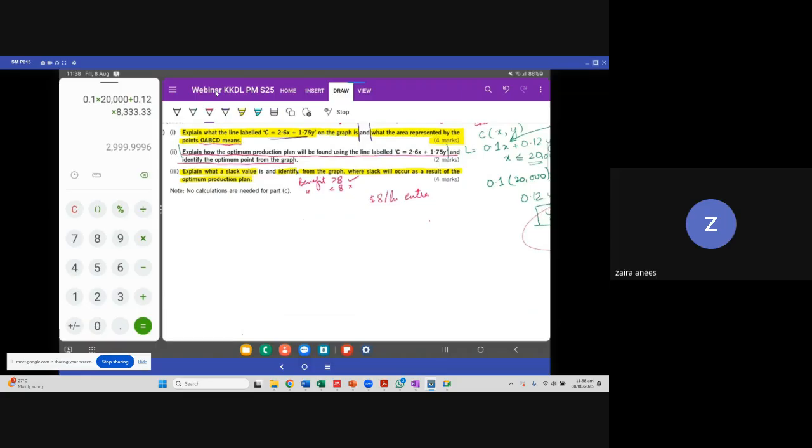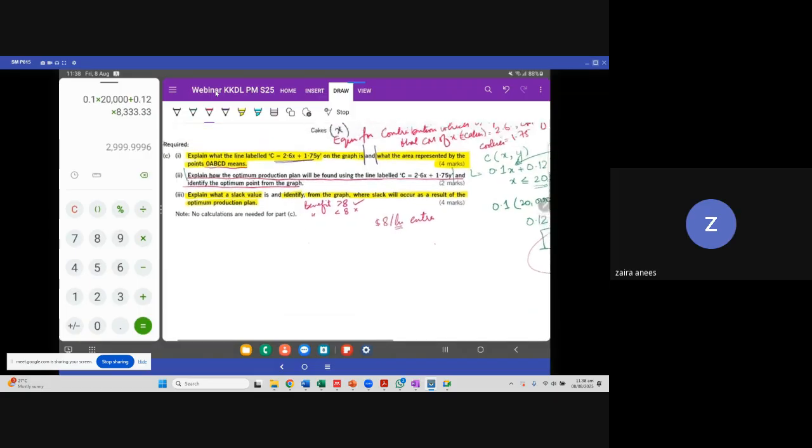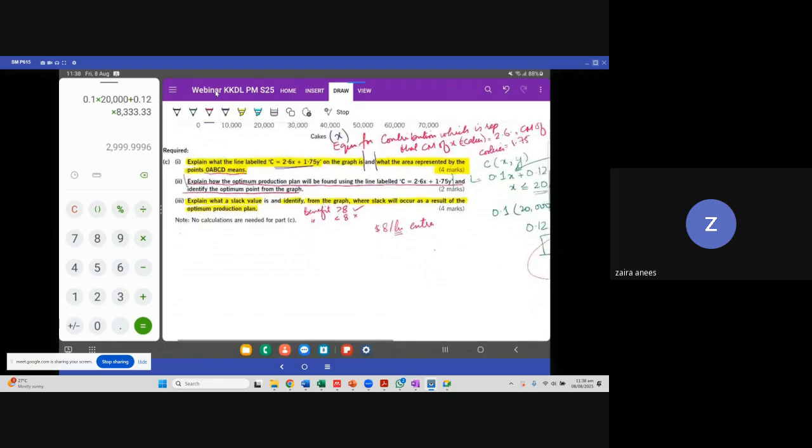What is shadow price? Shadow price represents the benefit which we can have from one extra unit of a binding constraint. Since this binding constraint is labor, the unit is number of hours, right?